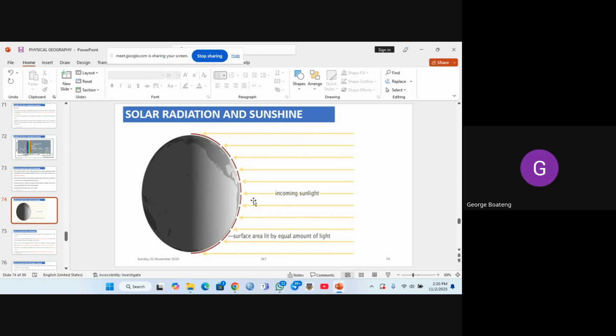That is why Ghana and the tropics are always having a high amount of sunshine, because we are always found in the middle here.